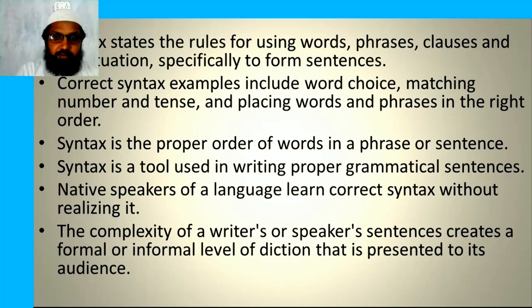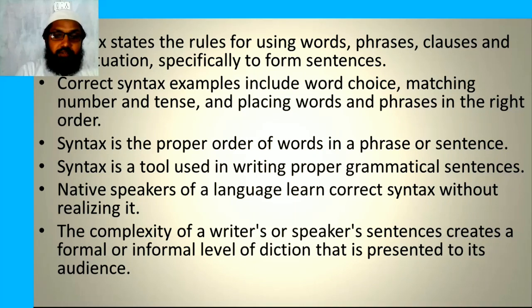Correct syntax must have choice of words, matching number, and tense. We should know what time, and placing words and phrases in the right order. First, we have to choose the words. After opting the words, we have to place those words into a correct and exact sentence. Syntax is the proper order of words in a phrase or sentence. Syntax is a tool used in writing proper grammatical sentences.